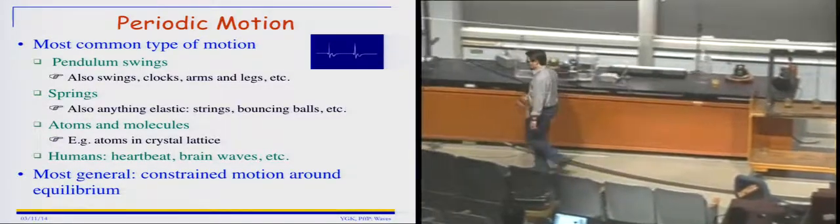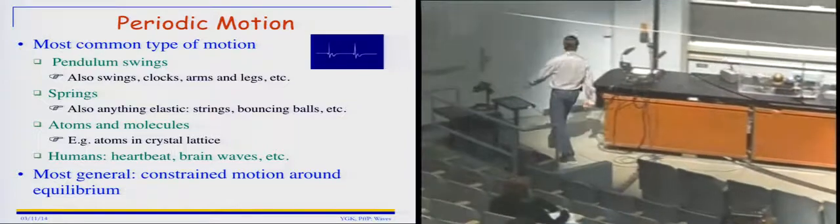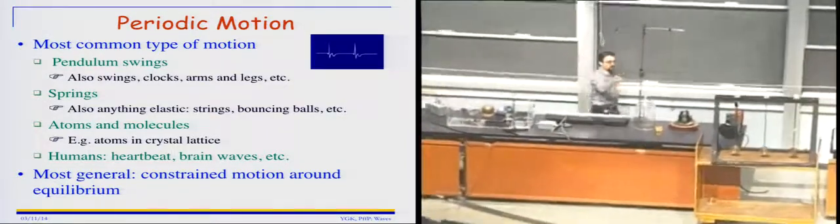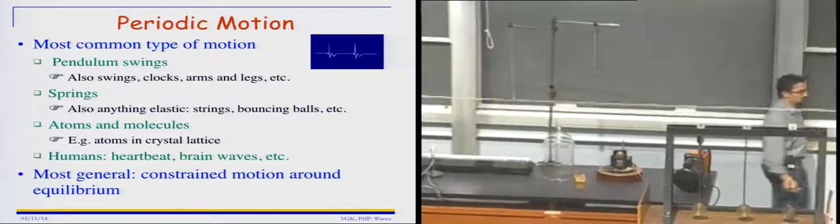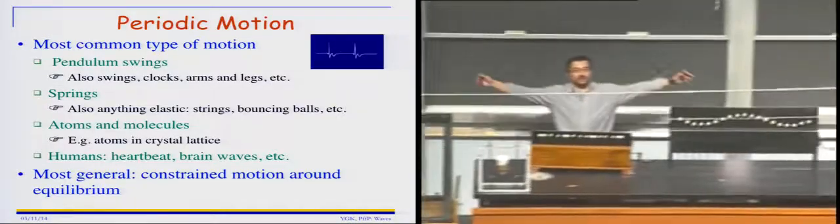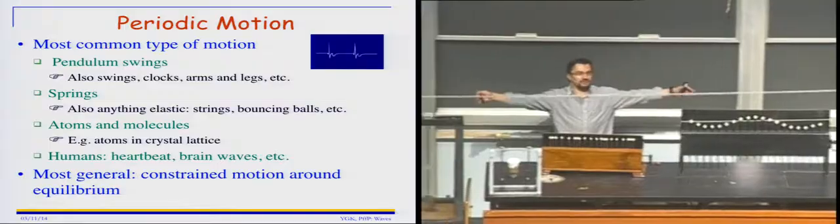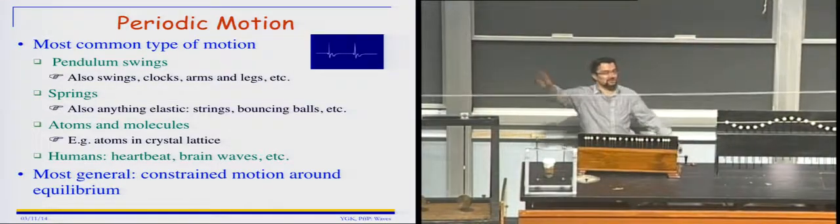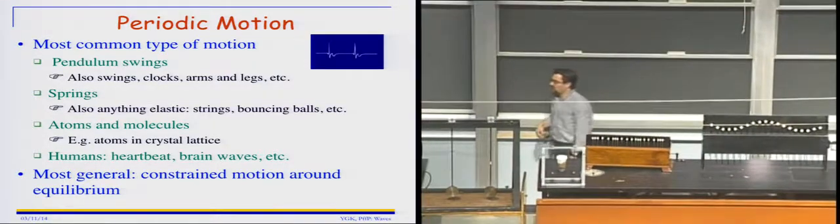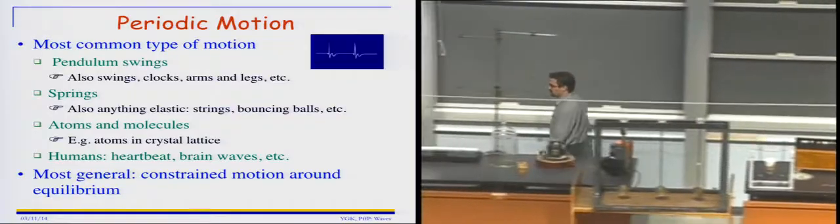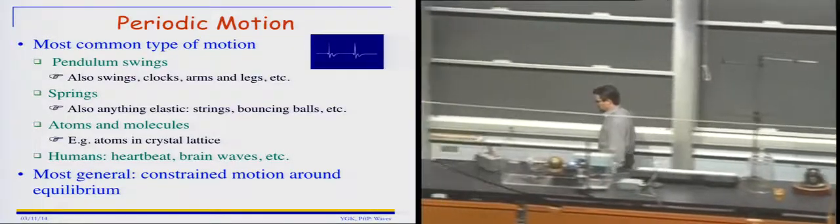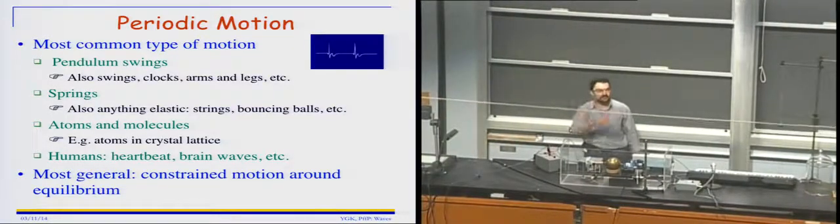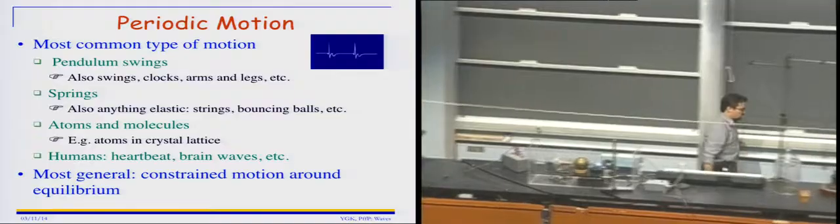If you are swinging on a swing, a child's swing is an example of periodic motion. It's called the pendulum. You may have seen very large pendula, large masses on strings, in various museums, like the big pendulum in the California Science Center.